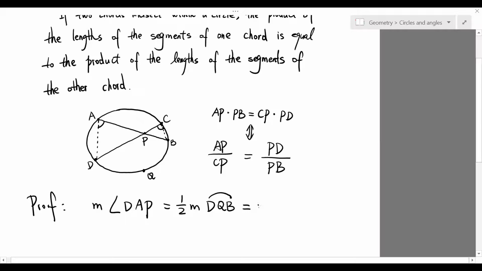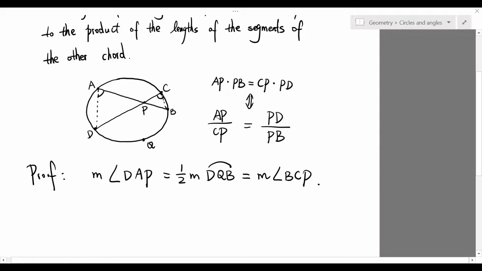So we end up with the equality between the measures of those two angles. And for a similar reason, the angle ADP and the angle CBP are intercepting the same arc, which is the arc ARC up there.